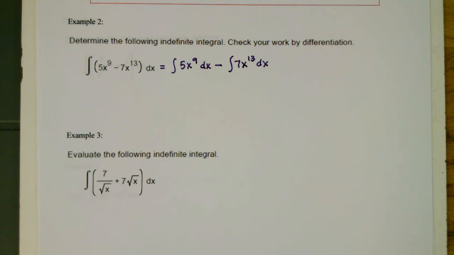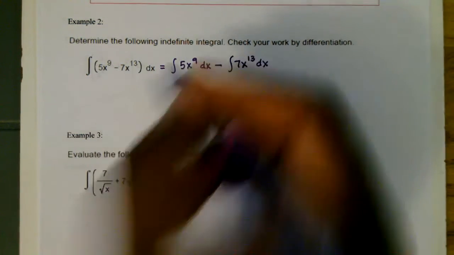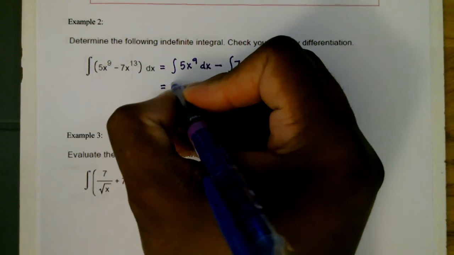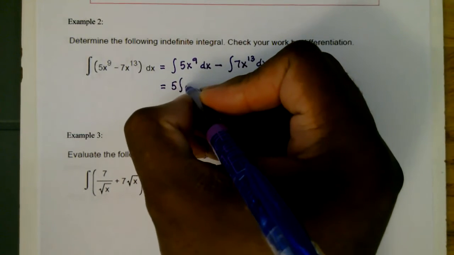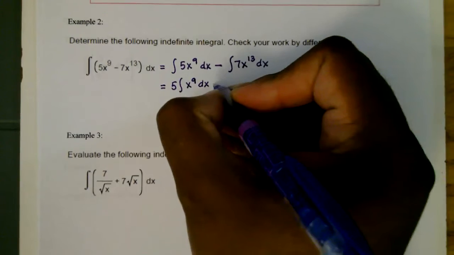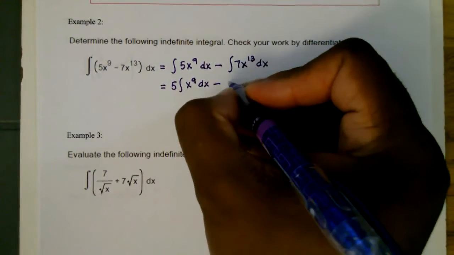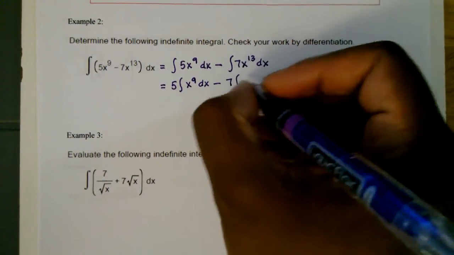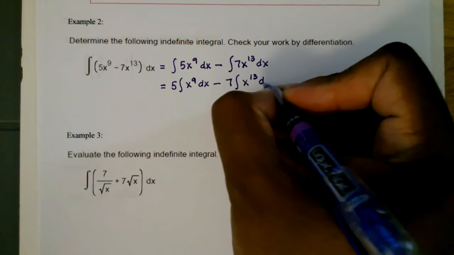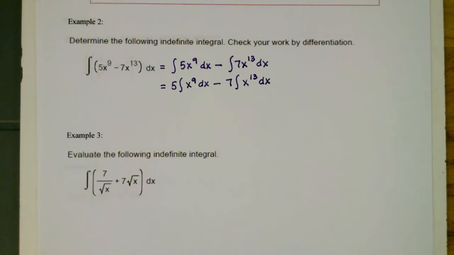And then next, I'm going to use the constant multiple rule by bringing the constant out in front of the integral sign. I'm going to pull the 5 out in front, multiplied by the integral of x to the 9 dx, minus, pull the 7 out in front here, 7 times the integral of x to the 13th dx.